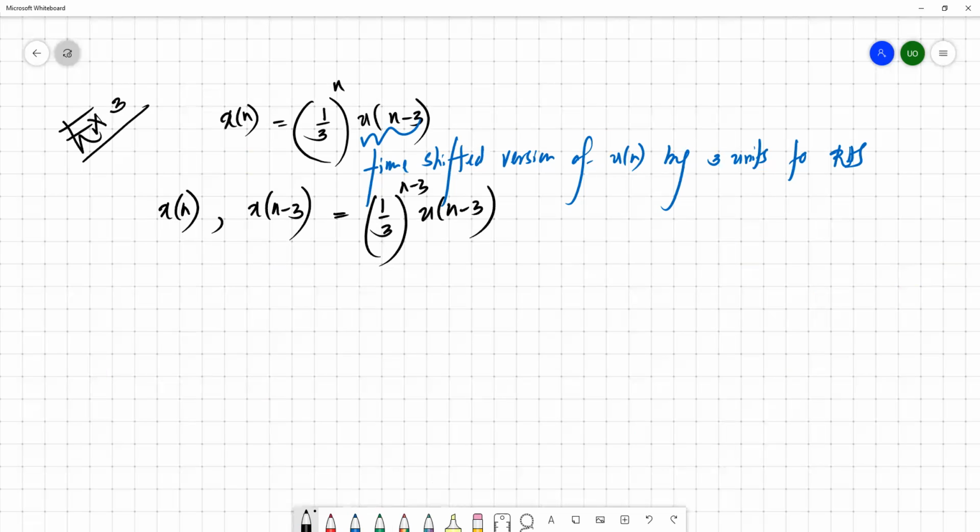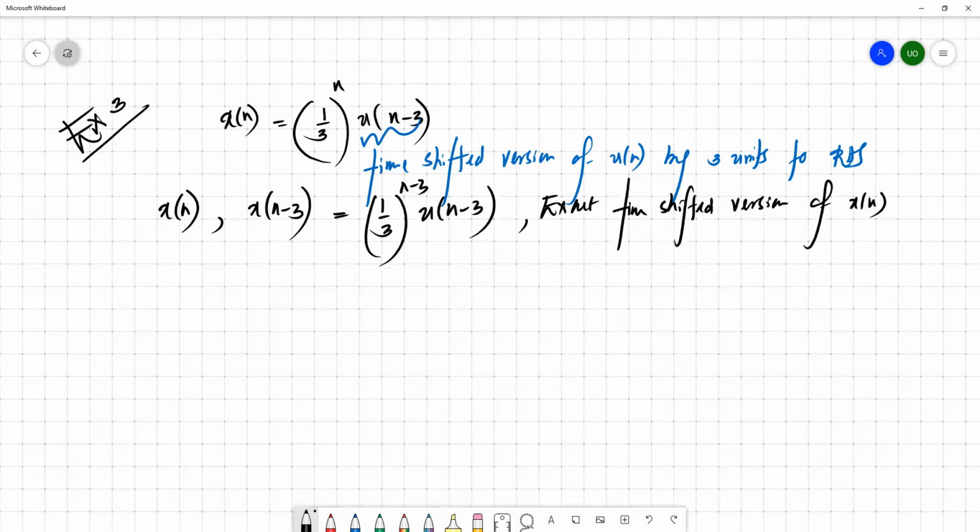So this is the exact time shifted version of x[n].